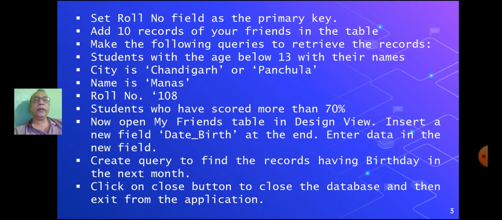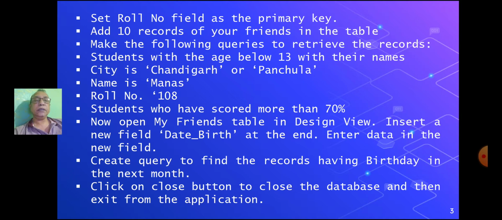The first query is students with the age below 13 with their names. And the second one is display those students residing in Chandigarh as well as Panchkula.